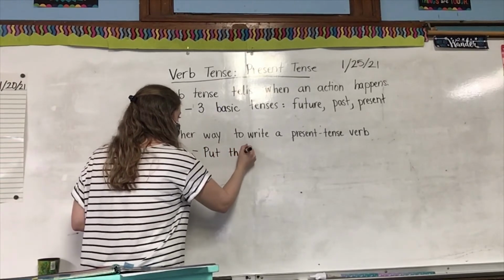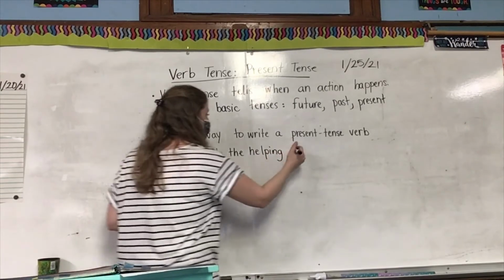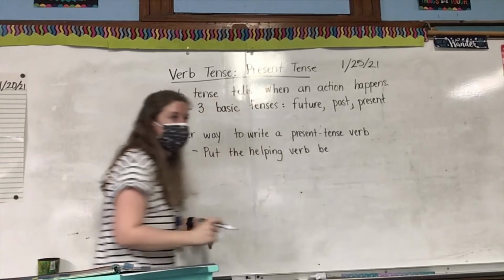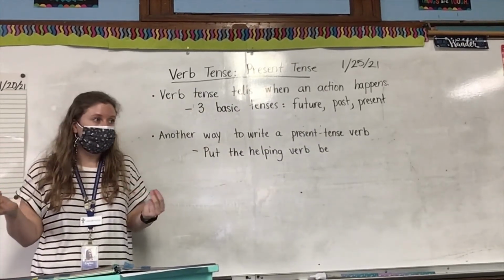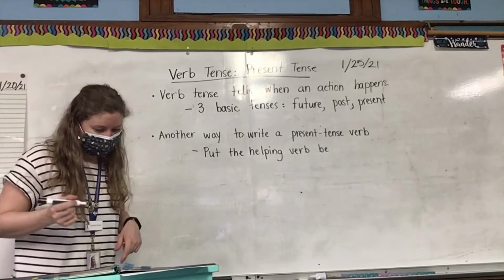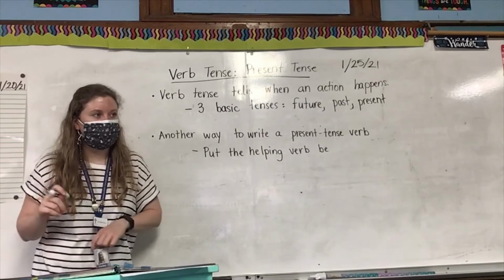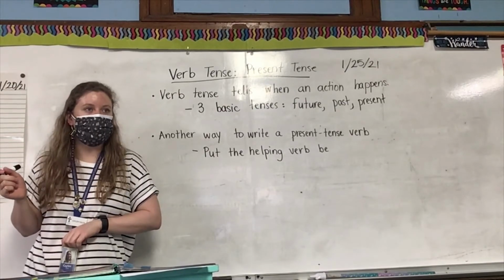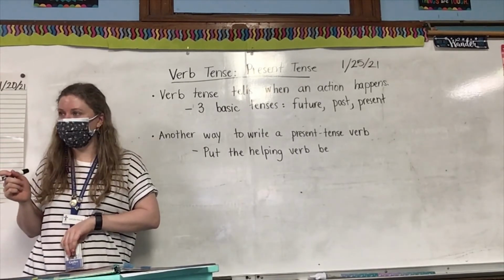Put the helping verb be, which we'll learn more about later. You've probably already talked a little bit about be over the years, which doesn't always look like be. Because do I say, I be looking at the sky? No. Do I say I is looking at the sky?